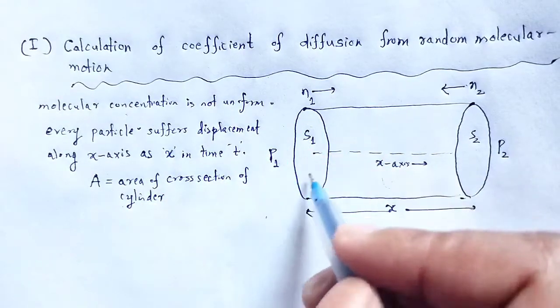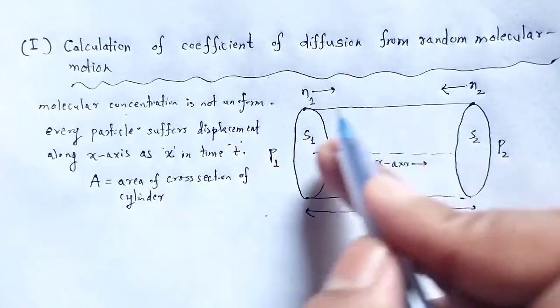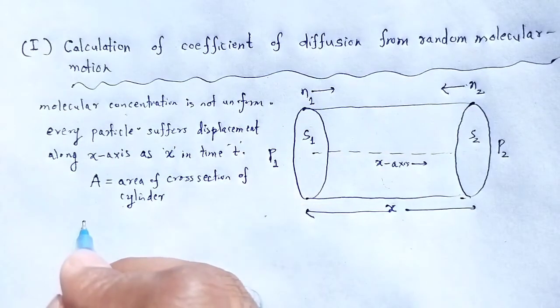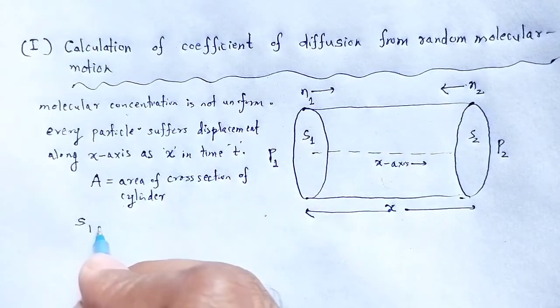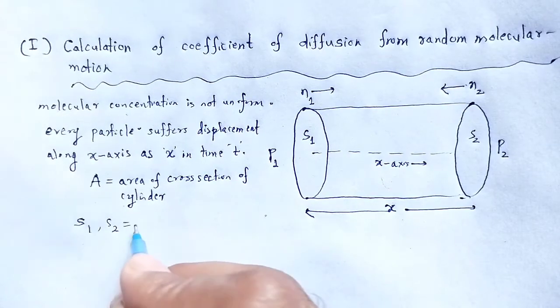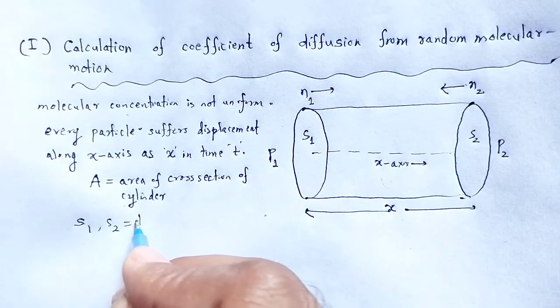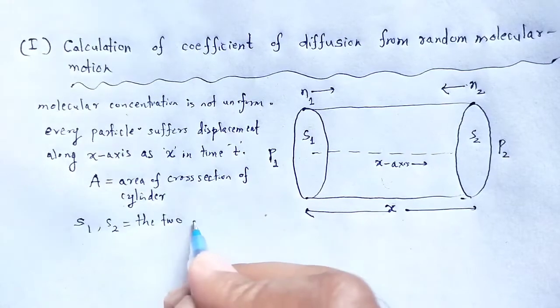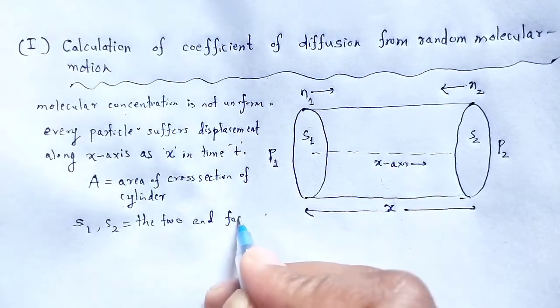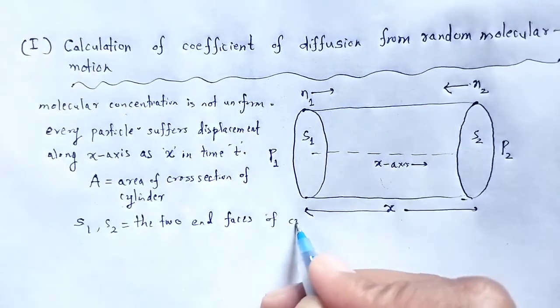S1 and S2 are the two end faces of the cylinder, as we show.